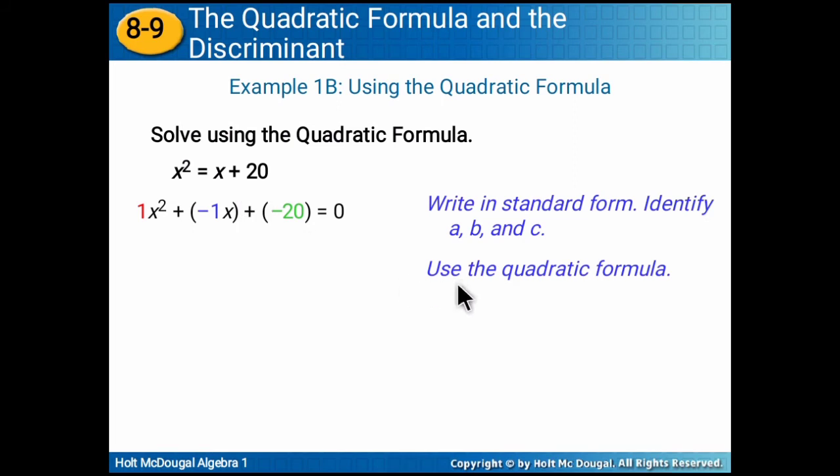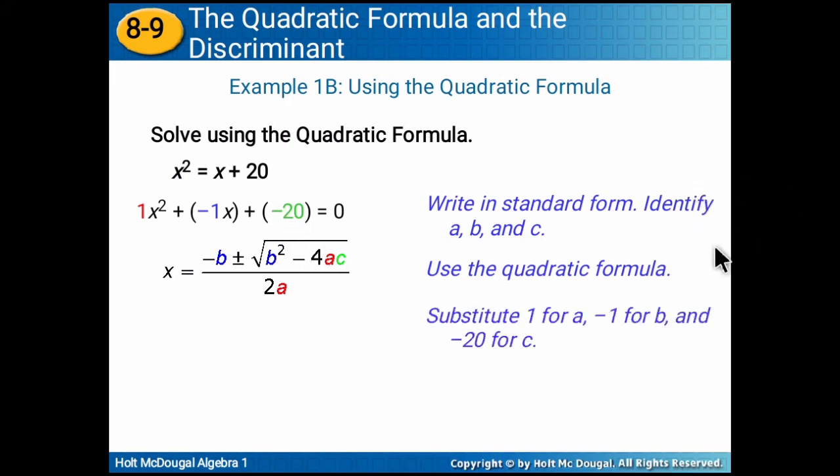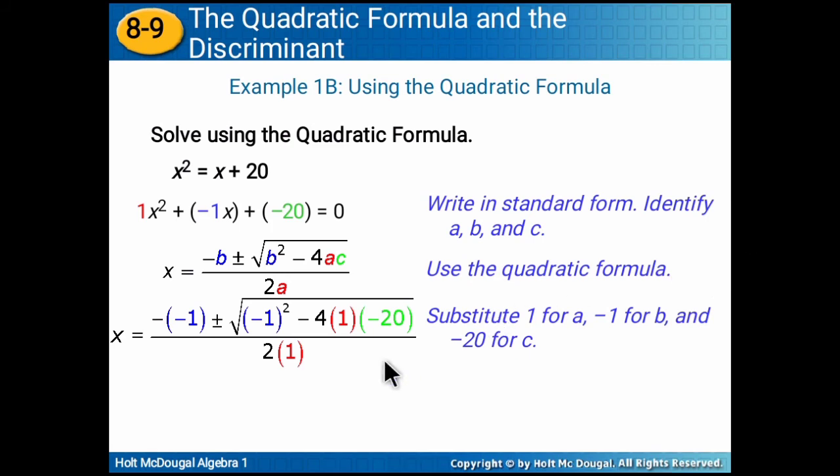So, now, we are going to use the quadratic formula. By identifying its formula, we first find the A, B, and C. When we transpose these two terms, they become negative. That's why you see the negatives. So, substitute 1 for A, negative 1 for B, and negative 20 for C. Observe properly, and then simplify.